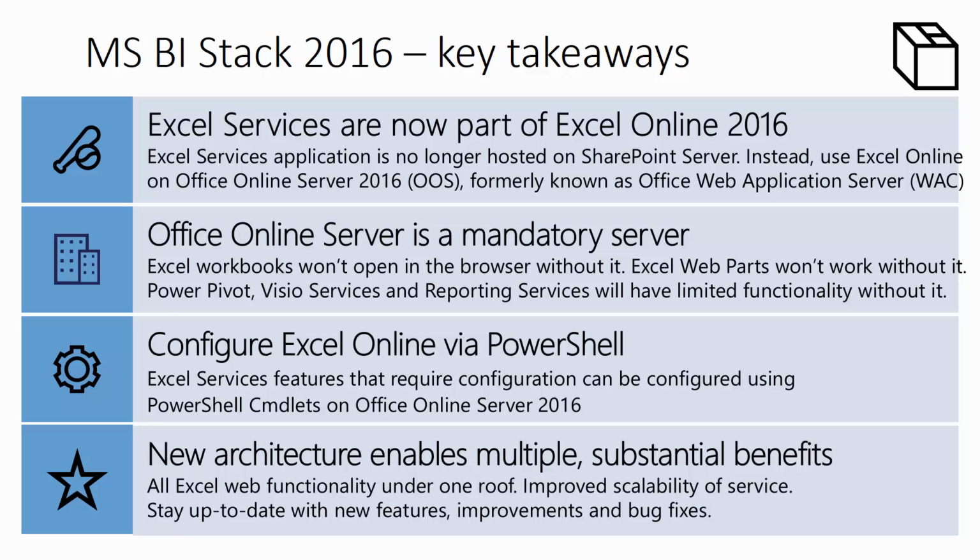You no longer have to scale SharePoint server farms for the sake of Excel Services. Excel Services is now part of a different server. And staying up to date with new features, improvements, and bug fixes is a rather significant improvement, especially for analysts, people who utilize the BI functionality. It is quite important.